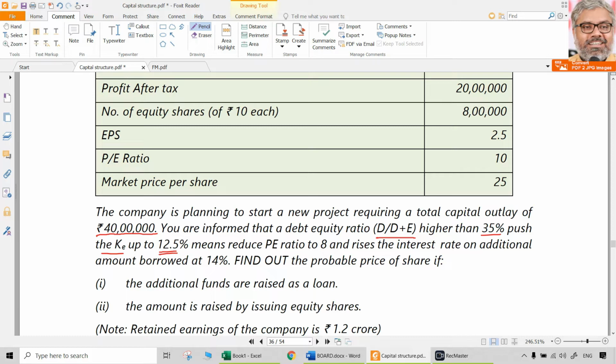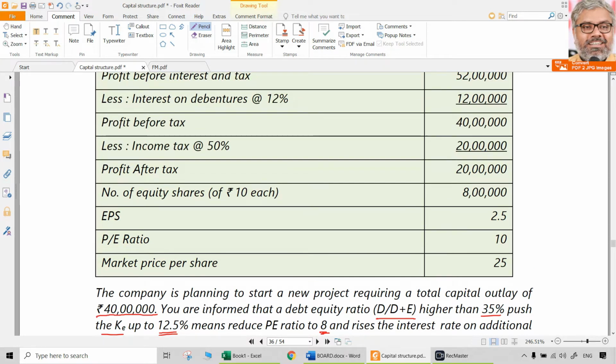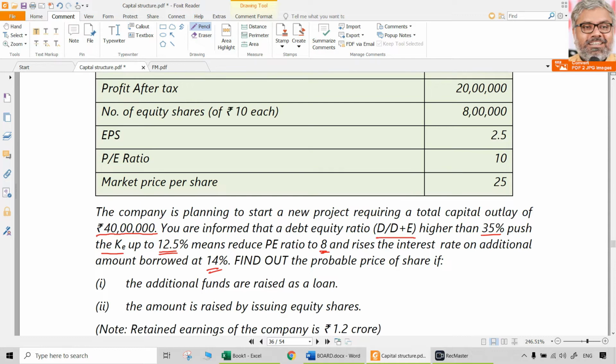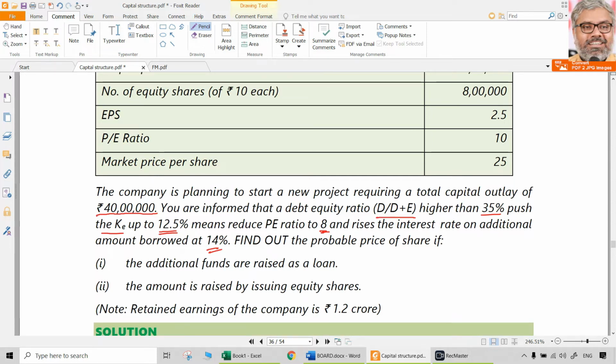Reciprocal of that. That will be 8 times. And it raises the interest rate on additional amount borrowed to 14%. Normally, what is the rate of interest now? 12%. So, in case the debt equity ratio, which is debt by debt plus equity, is increased beyond 35%, then these changes will happen. Means PE ratio will reduce and the additional amount that is supposed to be borrowed will have to be borrowed at 14%.